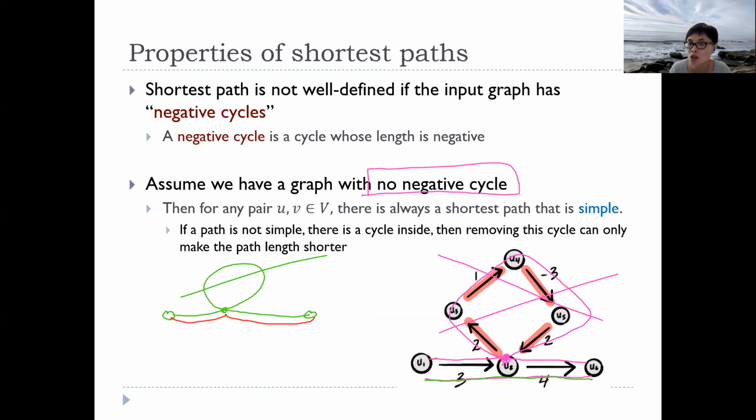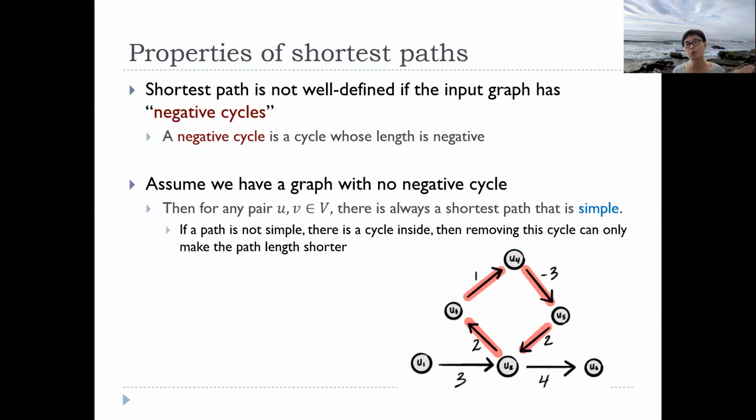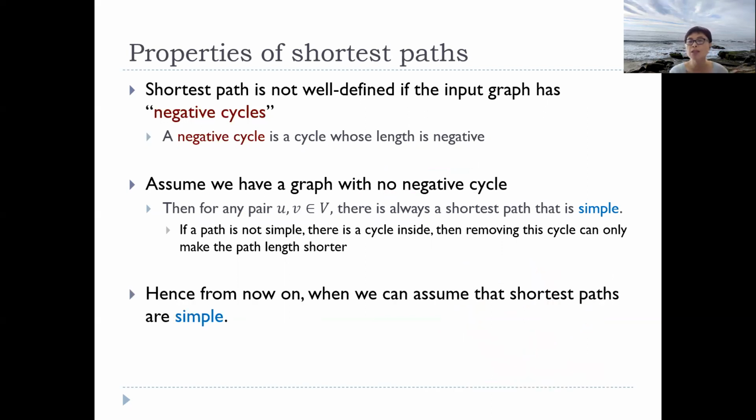So you can always get a shorter one by removing the cycle. That's why, if we consider graphs with no negative cycle, the shortest path has to be simple. So from now on, when we compute the shortest path, we'll only need to focus on simple paths. We don't have to worry about paths that may have a loop. So that's the first property of shortest paths.